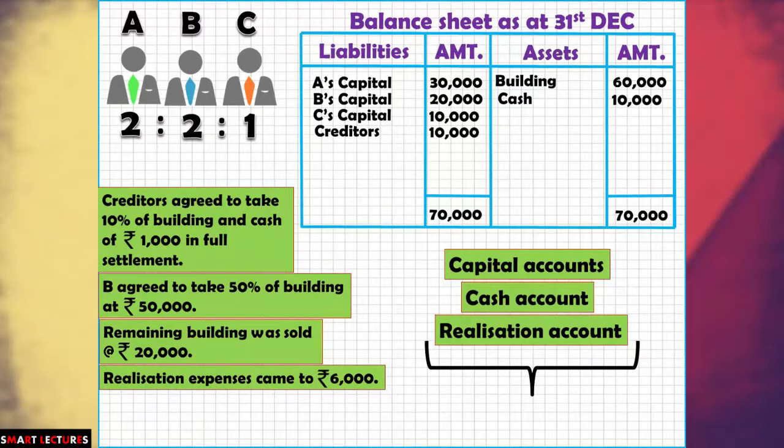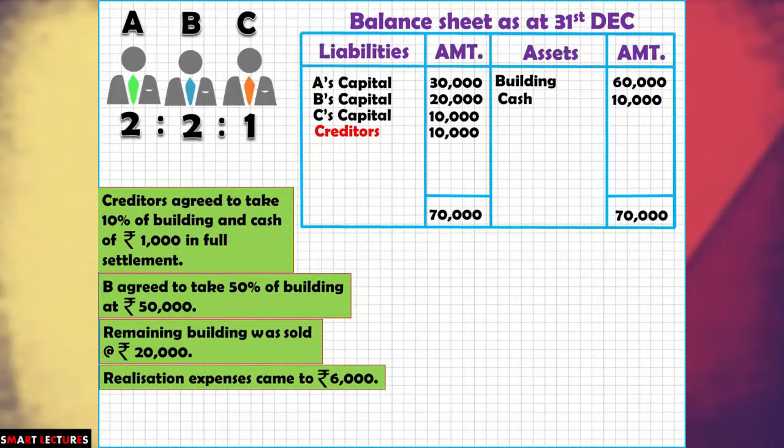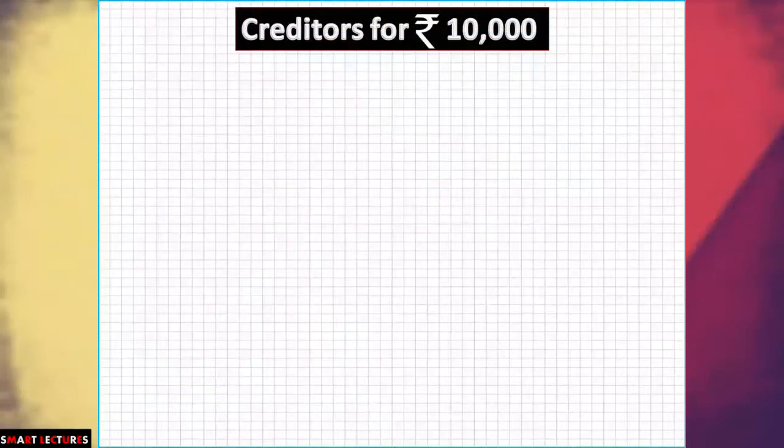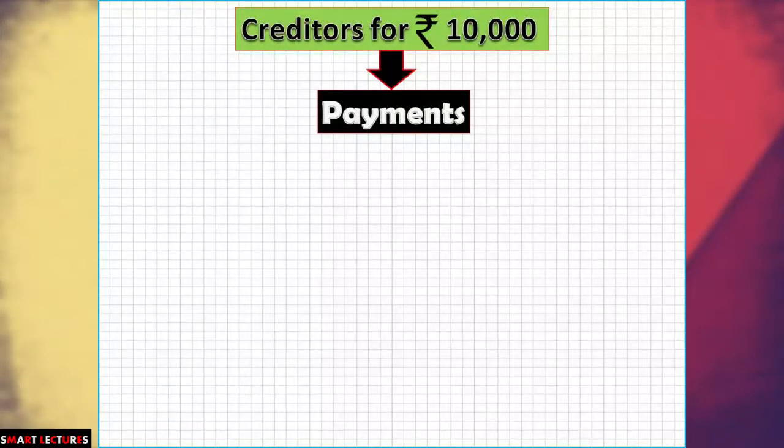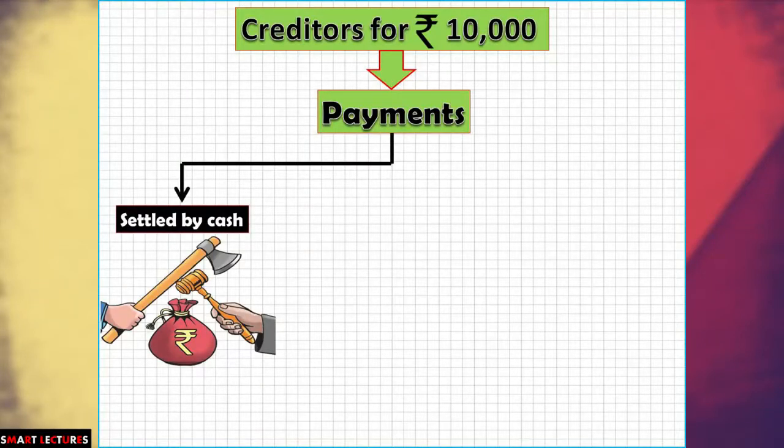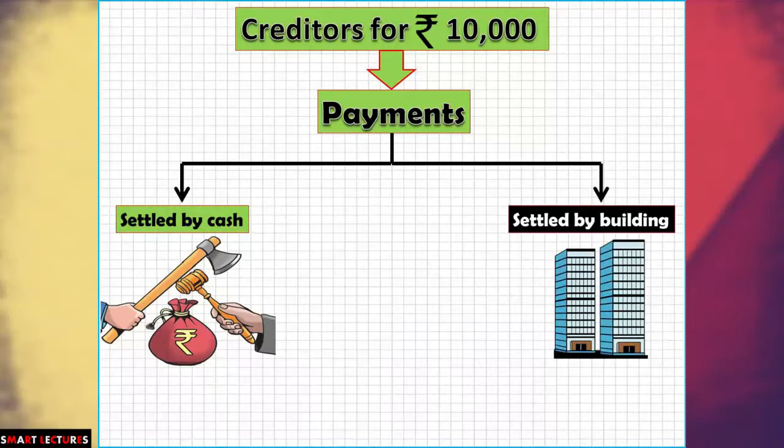So first of all, let's analyze the creditors through this graph. There are creditors for rupees 10,000. These creditors' payments were split into two parts. One part was settled by cash and the second part was settled by building.